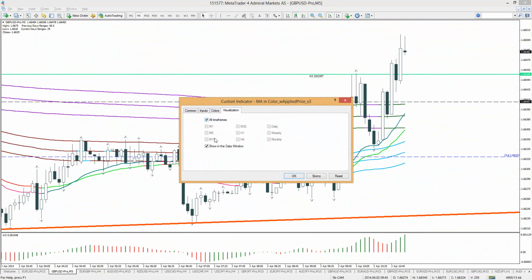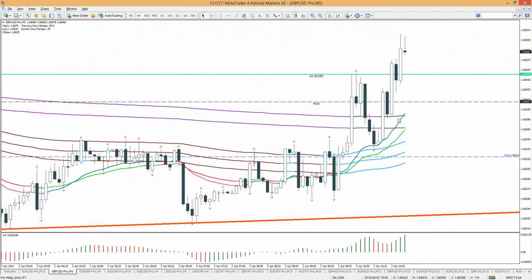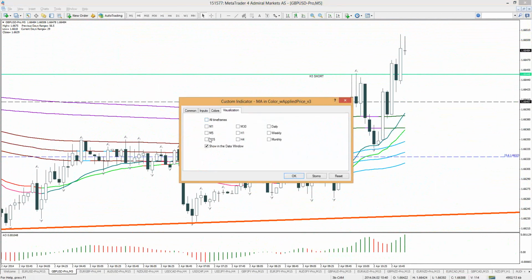I could even take them off, to be honest, because I think that really doesn't provide too much value. That would cluster the chart too much. For the 5-minute chart, I think these are enough.